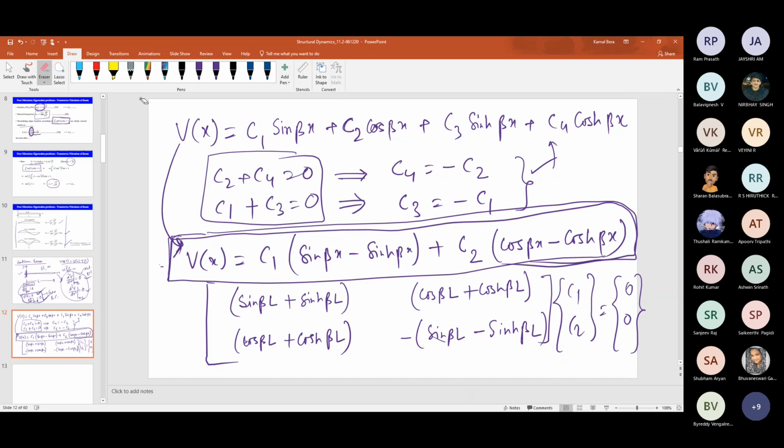If C1, C2 are 0, then C3, C4 are 0, all 0, and V(x) vanishes. That is the trivial solution, and we are not interested in that. For a non-trivial solution, the determinant of this coefficient matrix has to be 0, and that will give us the characteristic equation. So please make the determinant of this coefficient matrix, set it to 0, and tell me what is the final outcome after trigonometric simplification.